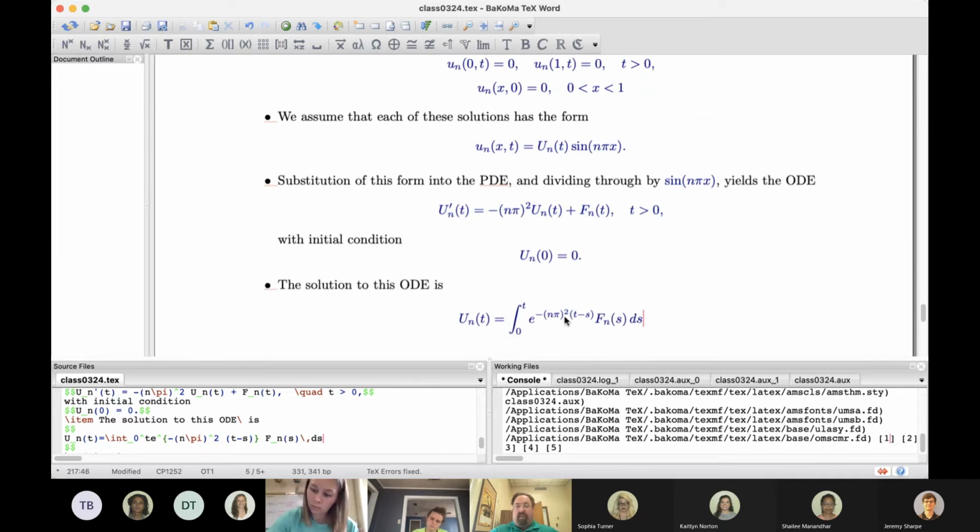So when you have an ODE with a source term like this, that's the solution formula. We've seen this from way back in lesson 9, when we were covering non-homogeneous PDEs for the first time. And this is all we have for the solution, because normally there would be another term, but that would involve the initial value, and that's 0 in this case.